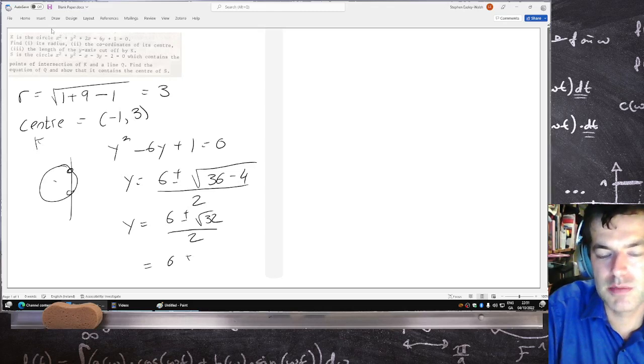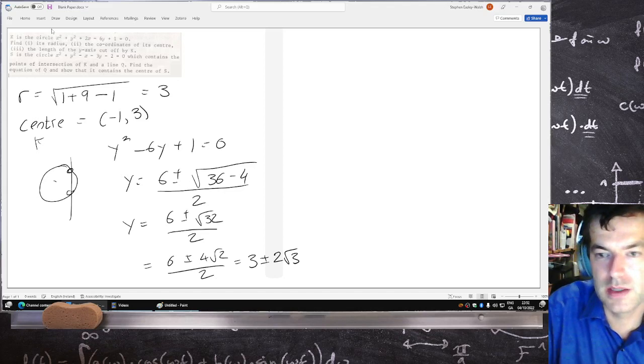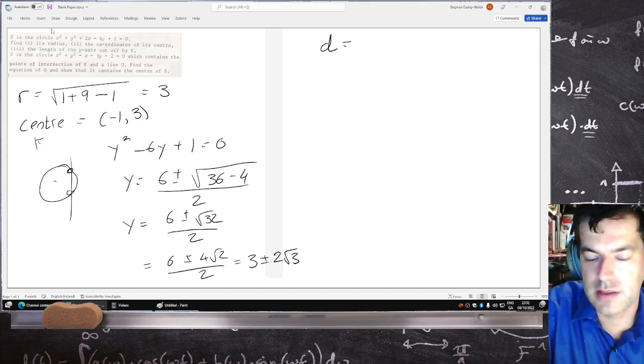That's 6 plus or minus 4 root 2 over 2, which is 3 plus or minus 2 root 2. So the distance would be 4 root 2.